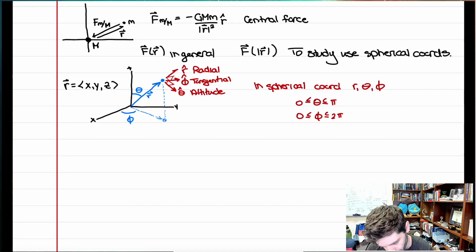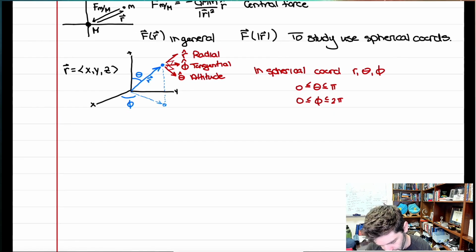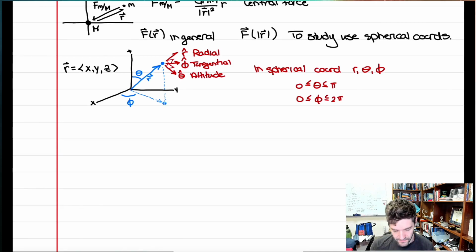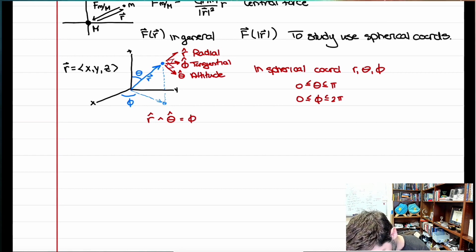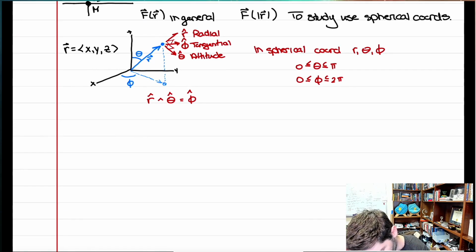And if we want to think vectorially, these unit vectors also obey the cyclic relationships we talked about before. If I take r and do the cross product with phi, by the right hand rule, start with r, go down to phi, my thumb points... start at r, go to theta, my thumb then points in the phi direction.